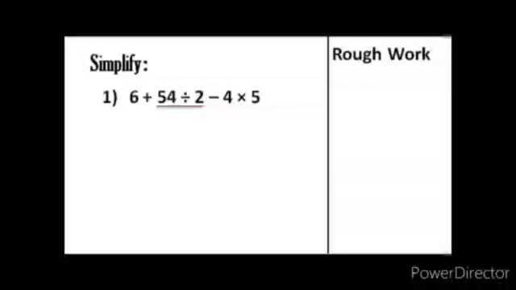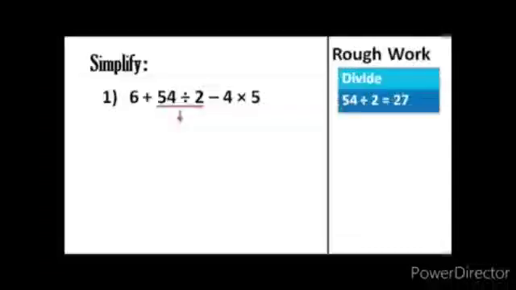Therefore, 54 divided by 2. We can also perform rough work. So, 54 divided by 2 is 27. So, now we have 6 plus 27 minus 4 into 5. Now we will multiply, that is minus 4 into 5.